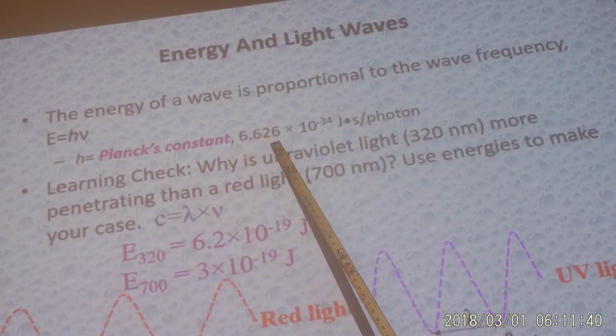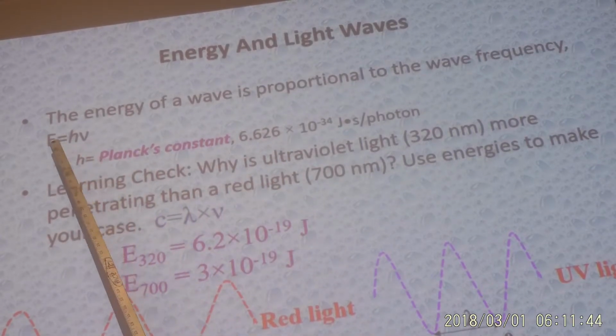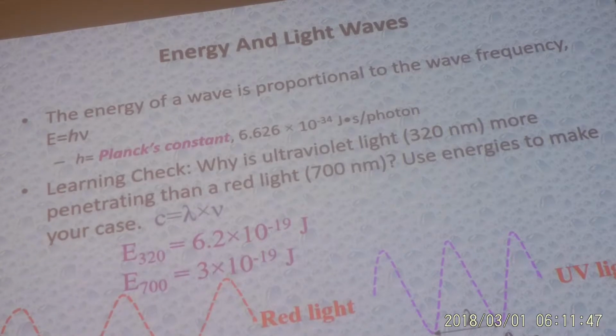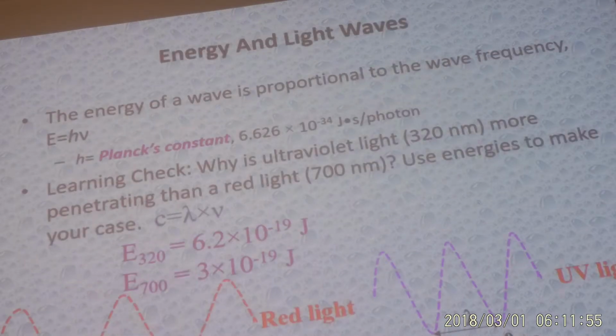This is called Planck's constant. You multiply it by the frequency, and that will give you the energy for our photon of light. So, 450 nanometers. Here's something fun we can put into our calculator, right?